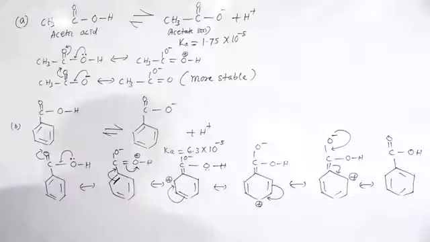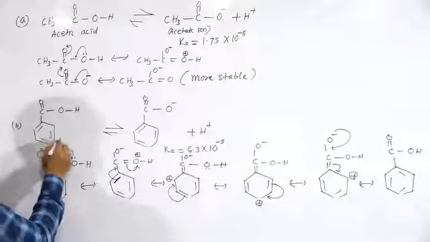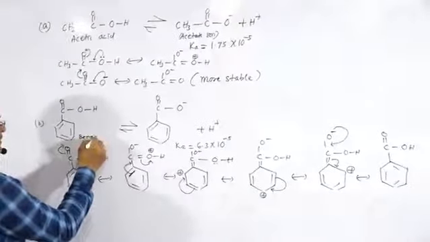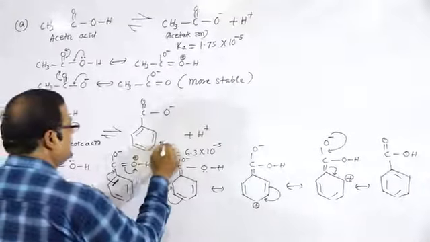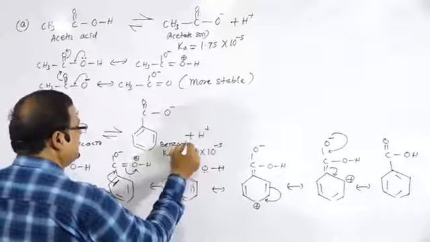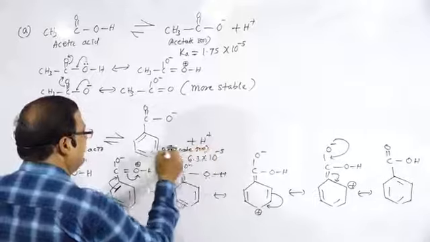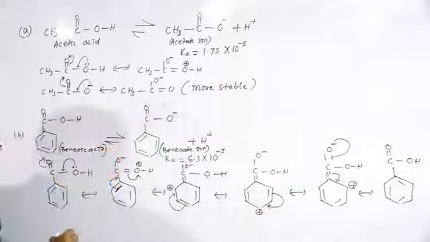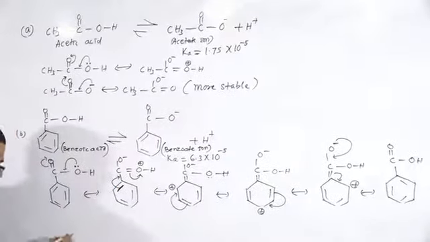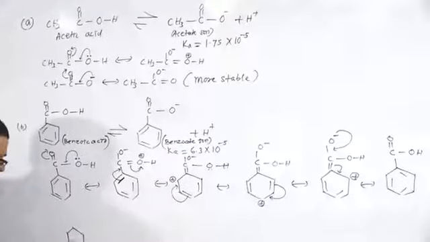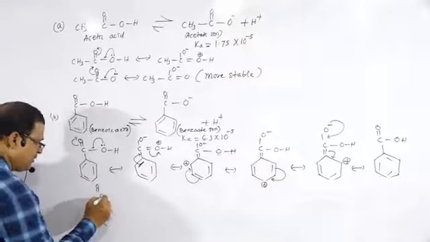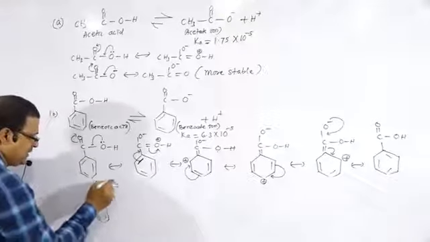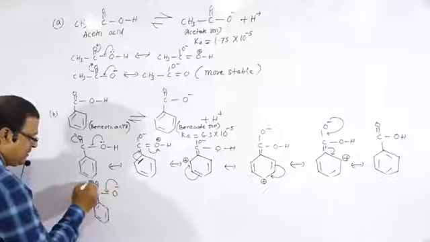And if you draw the resonating structures for the benzoate ion, this is your benzoic acid, this is your benzoate ion. So if we draw the resonating structures for the benzoate ion, in the same manner, double bond O minus, negative charge, double bond will be shifted.